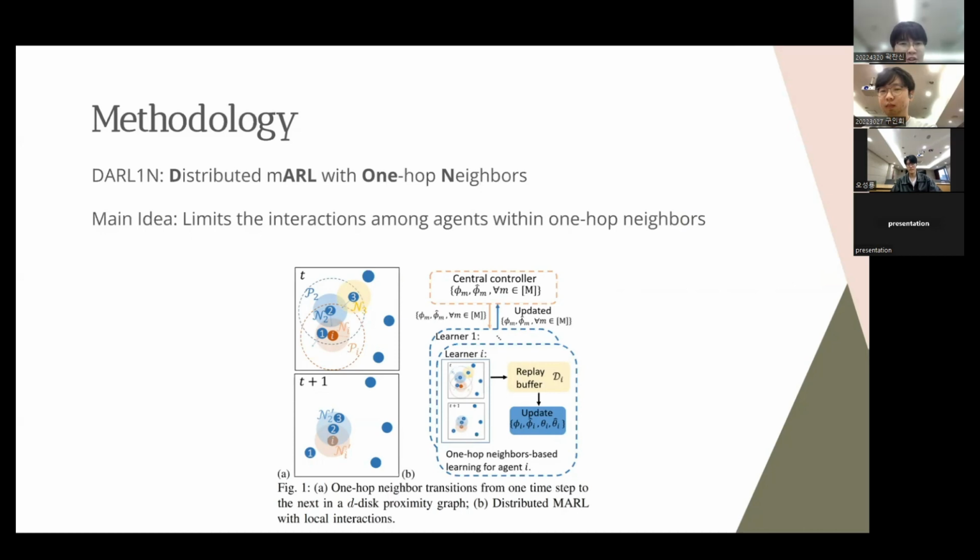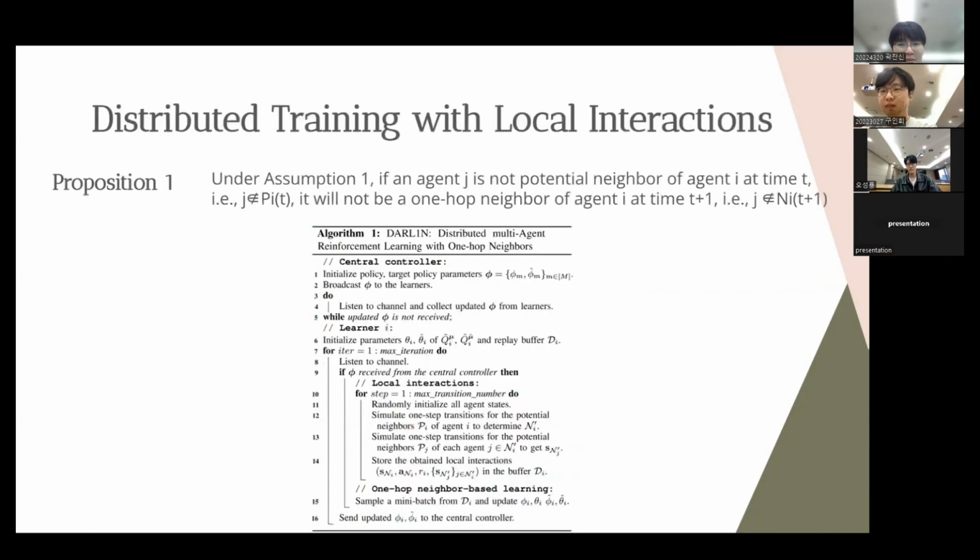When actually implementing the parameter update, agent i only needs training data Di from its one-hop neighbors at the current and next time steps. These data dynamics obey the following proposition. Under assumption 1, if an agent j is not a potential neighbor of agent i at time t, it will not be a one-hop neighbor of agent i at time t plus 1.